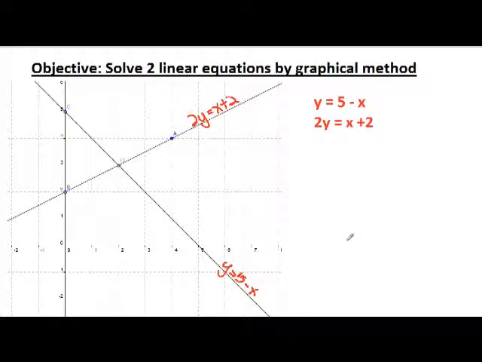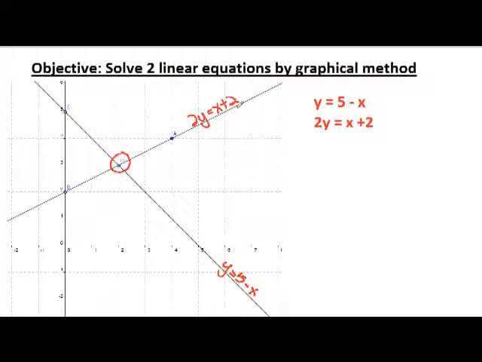This is pretty obvious because from this equation we can see that the gradient is negative, so the line is going down, and this is the line that goes down.